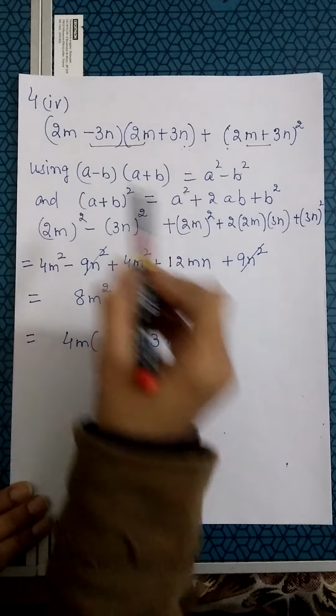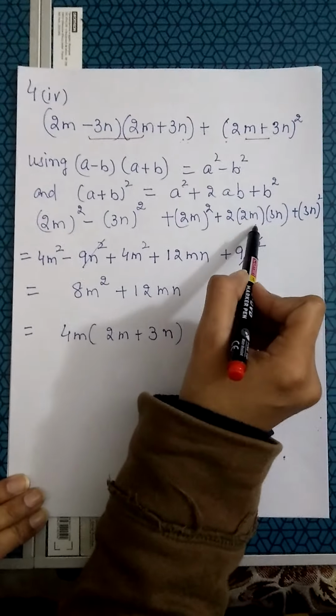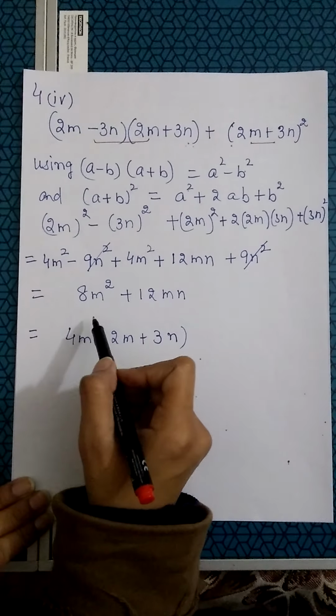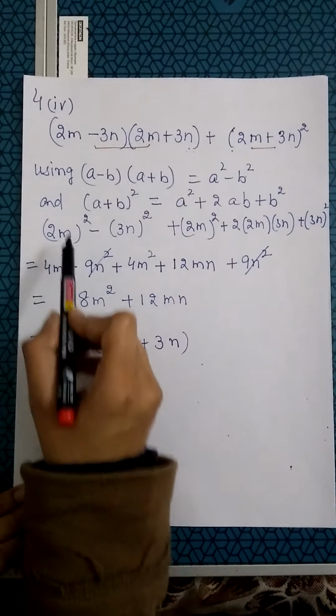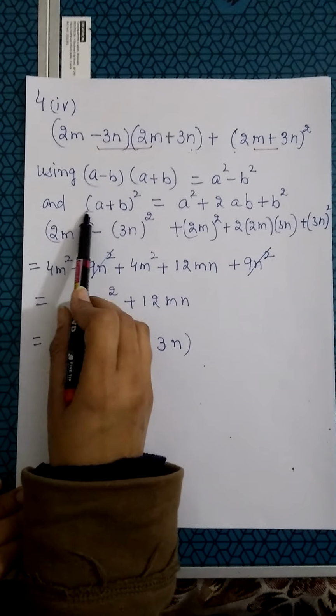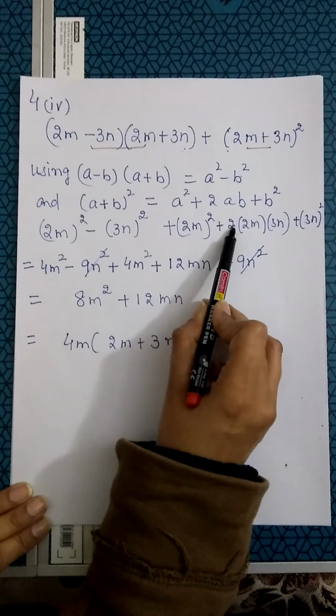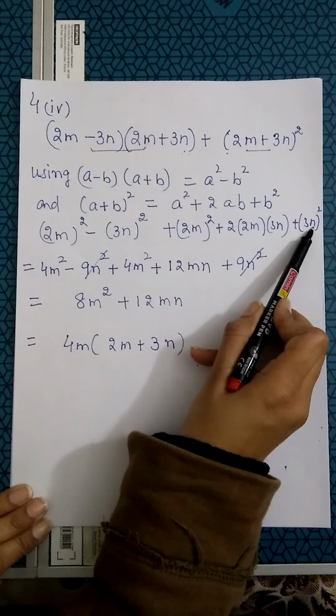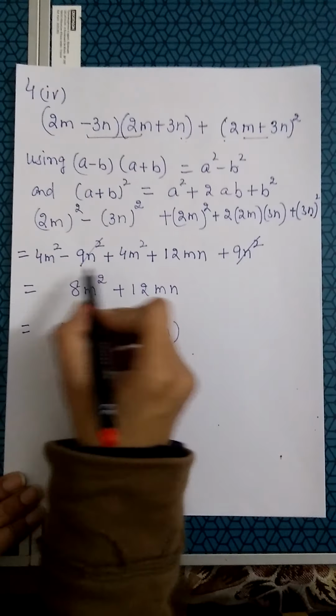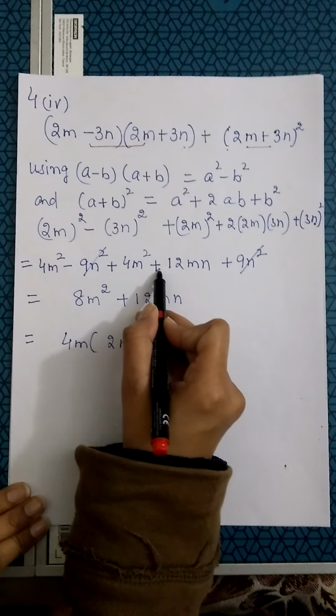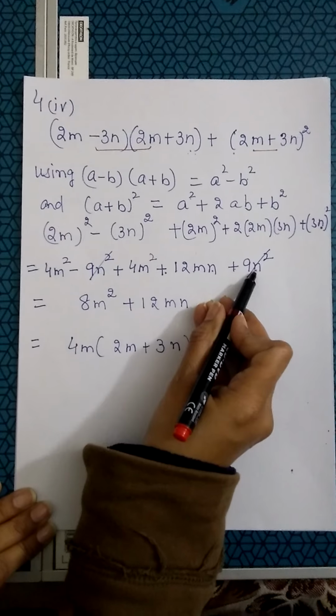All we need to do here is simply apply these identities and evaluate it. So this is a square minus b square, that is (2m) square minus (3n) square. And here a square plus 2ab plus b square, which will become 4m square plus 12mn plus 9n square.